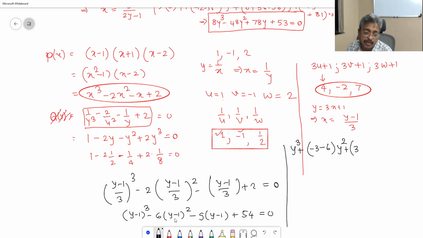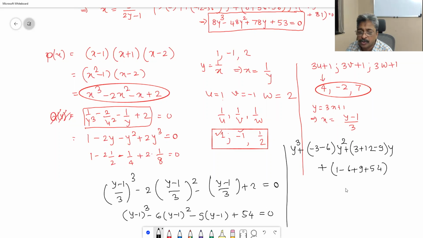What will be the coefficient of y? Minus 2y inside. Minus 6 plus 12. And this is minus 9y. And what will be the constant term? Minus 1 from the first bracket. Minus 6 from the second. Plus 9 from the third. Plus 54 from the fourth.